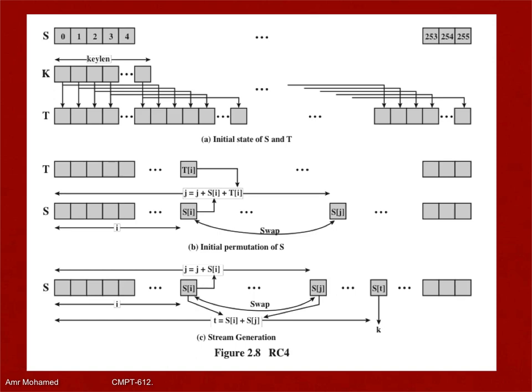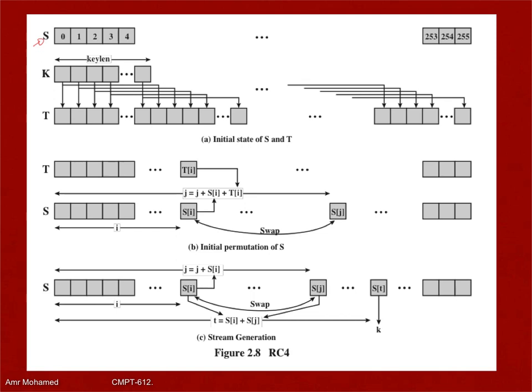The way RC4 works is basically to generate the random stream, because after this all we need to do is XOR. There's nothing to it. First we have the S vector, which contains all 256 characters from 0 all the way to 255, the ASCII characters.